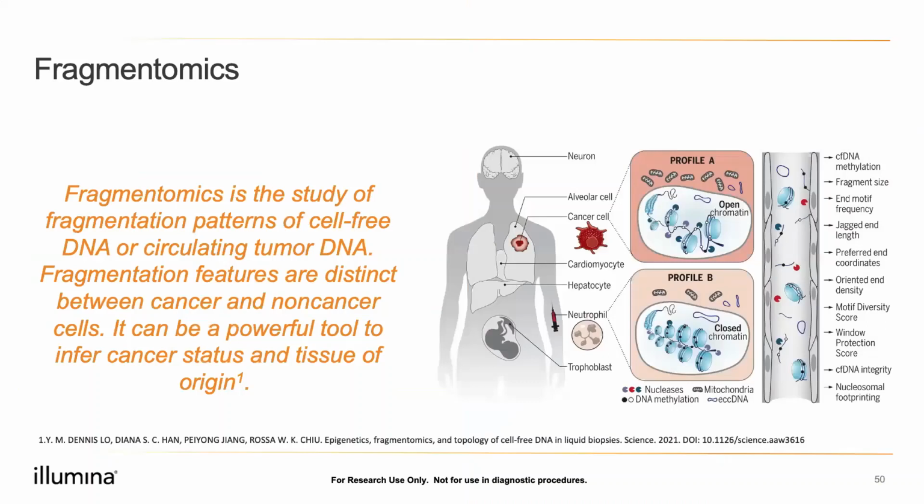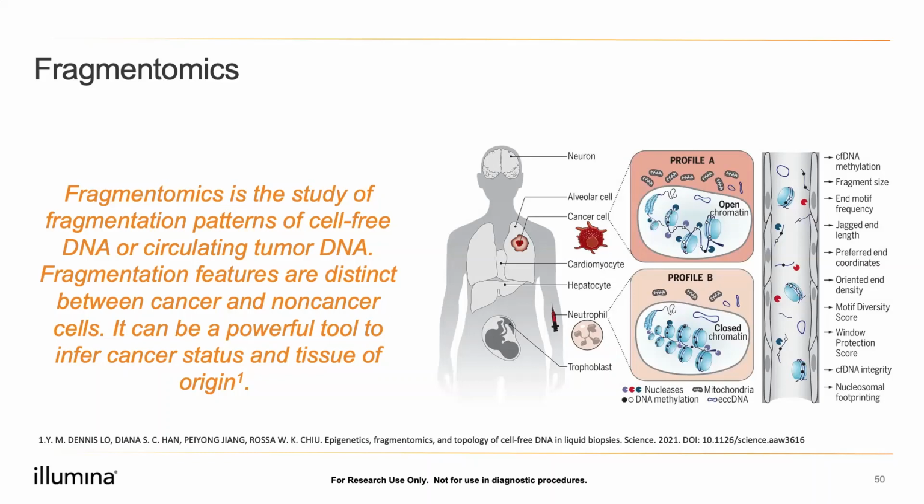Okay, so fragmentomics is the study of fragmentation patterns of cell-free DNA or circulating tumor DNA. Fragmentation features are distinct between cancer and non-cancer cells, and studying this can be a powerful tool to infer cancer status and tissue of origin.